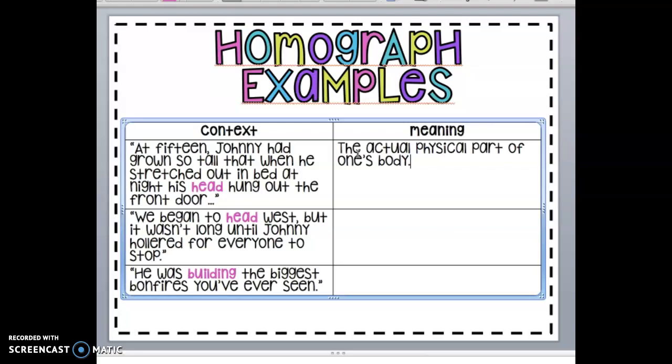However, it has a different meaning. Now, look at this context that's around the sentence. Hit the pause button to see if you can figure out the word head. Think about if it could be the actual physical part of your body or if it means something else. Hit the pause button, and when you're ready to come back to the lesson, hit the play button.